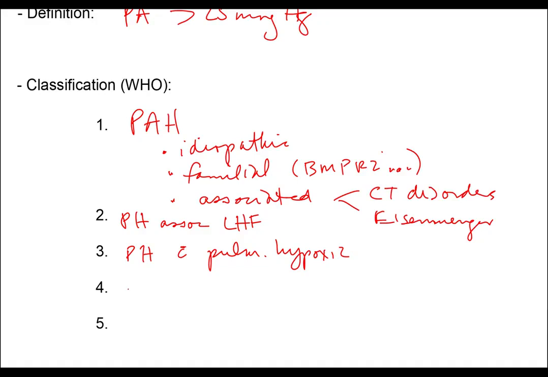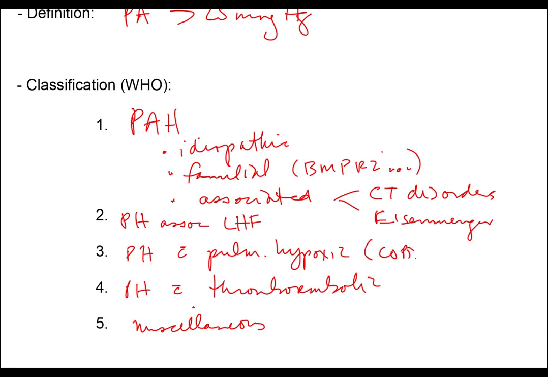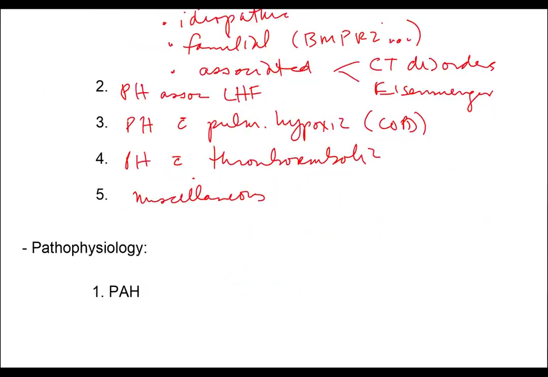Group 4 is going to be pulmonary hypertension with recurrent thromboembolic disease. And then the last group is going to be miscellaneous. So we can see then we've got to be able to handle our primary group and then left ventricle failure, pulmonary hypoxic change, most commonly is going to be COPD in our culture with cor pulmonale, and then thromboembolic disease.